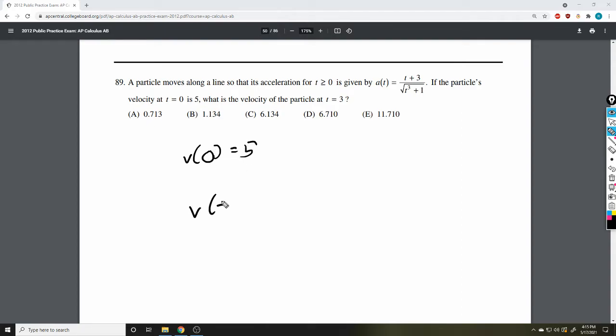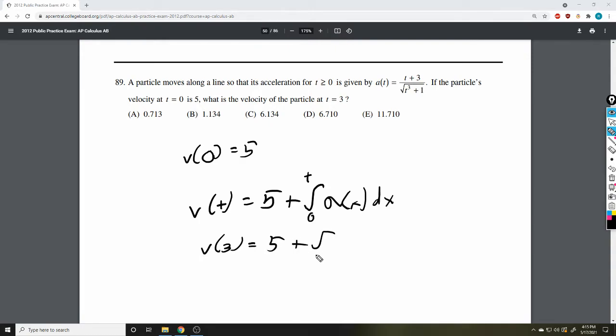So that means v of t equals 5, which is my starting point, plus the integral from 0 to t of the acceleration function. So this will tell me how far away from 5 I am, and this tells me that 5 is my starting point. So v of 3, I started at 5, and then I see how far away from 5 I went from 0 to 3 in my acceleration function.